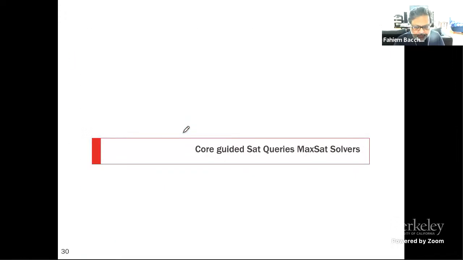So this has led to the state of the art for one of the approaches for MaxSat solvers, which is to use cores to guide the sequence of SAT queries you're going to make.